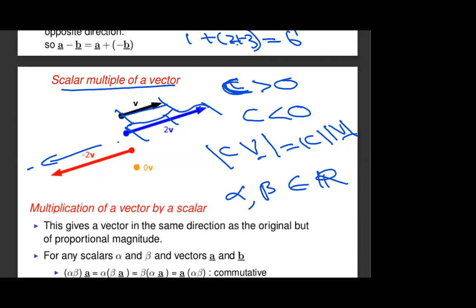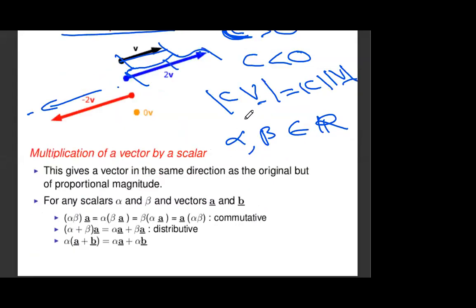First I multiply these two, then I multiply that one with this vector, alpha beta a.